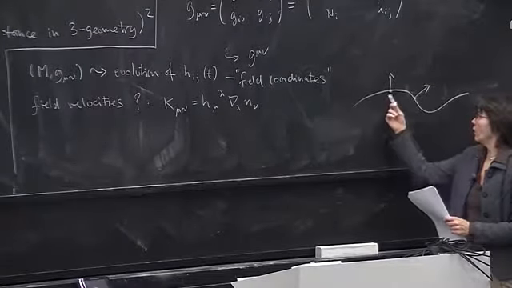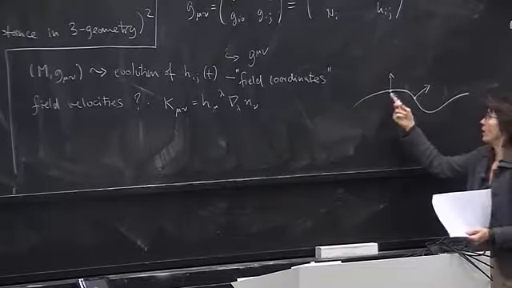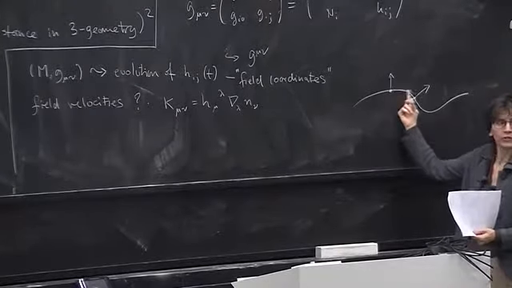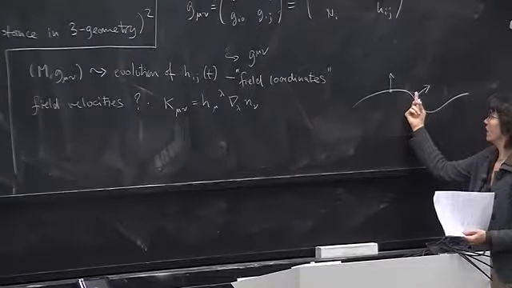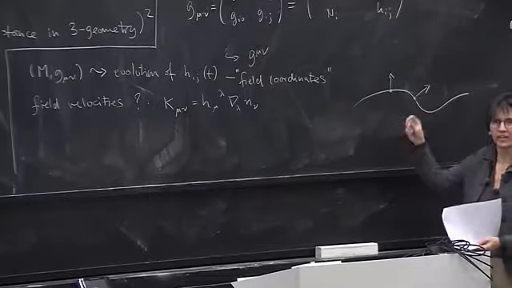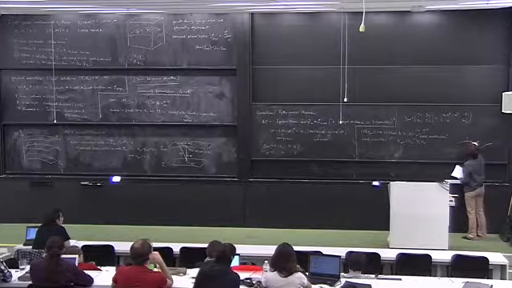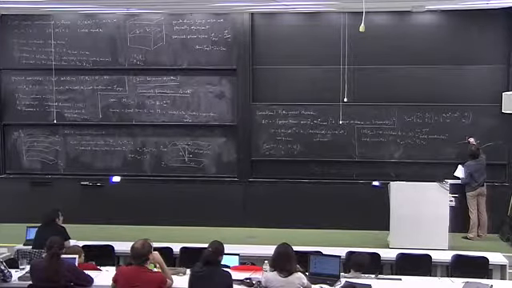So big extrinsic curvature means parallel transporting this guy to here and seeing that it has made a big jump, because here it just goes down in the dip.